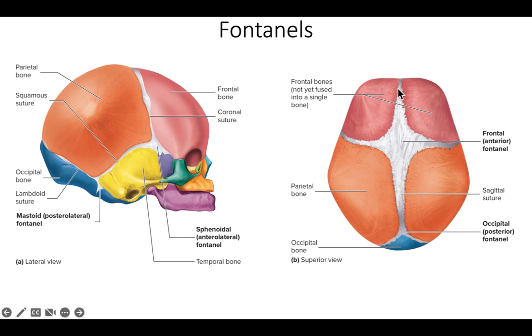So where this membrane or this fontanelle was, eventually it's going to form the sagittal suture. Where this membrane is, it's going to form what's called the coronal suture. All right. So soft spots or fontanelles of a baby's skull are the membranes that haven't ossified during intramembranous ossification.